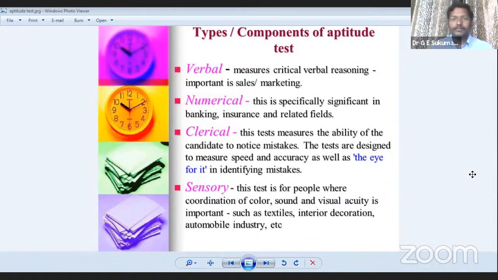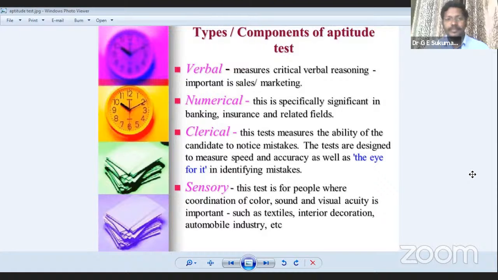Then clerical. As we know, clerical is the ability of a candidate to notice mistakes or find the odd one out, being good at finding the odd one out and doing this job.